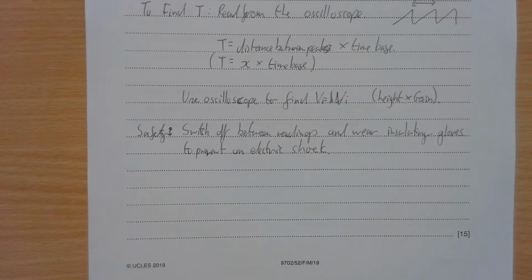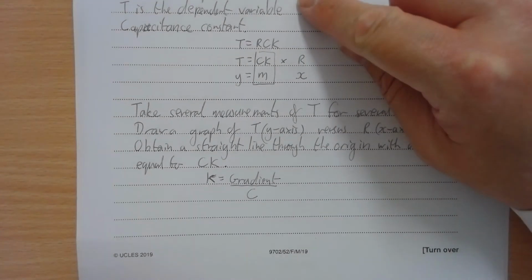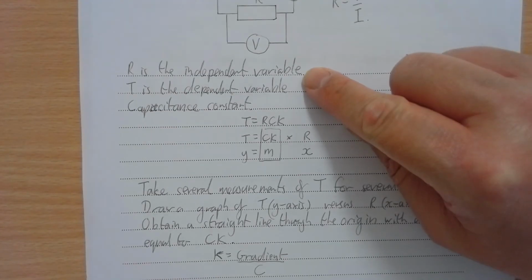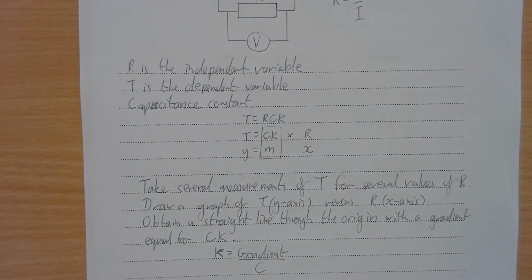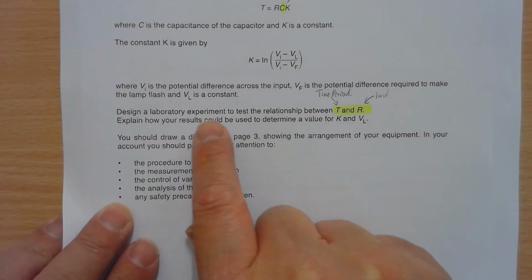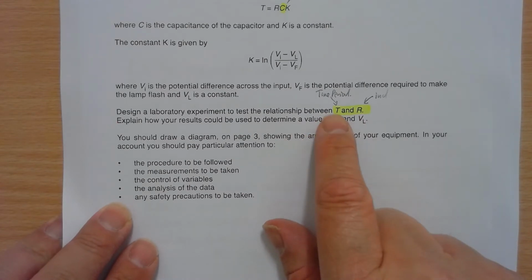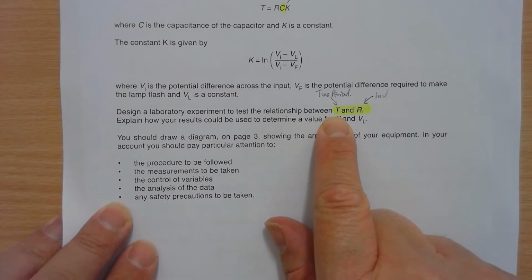So let's summarize exactly what you need to do. You start off with setting your variables. You look at your independent and dependent variable. You find that by reading the brief. It says design a laboratory experiment to test the relationship between T and R. It could be X and Y. It could be A and B. You've got to think about what you can deliberately change and what you've got to measure that changes as a result of it.